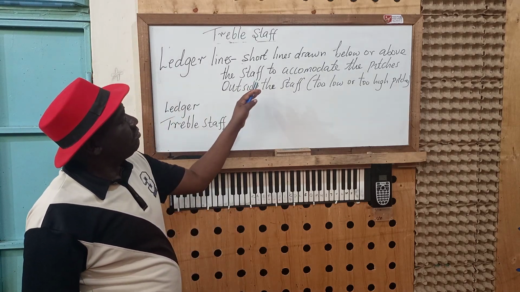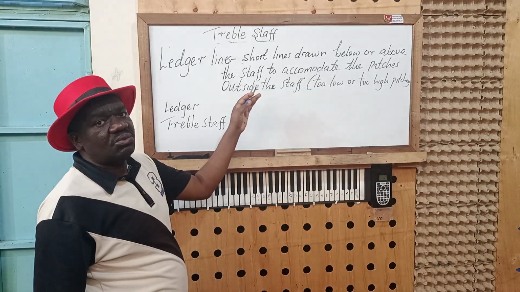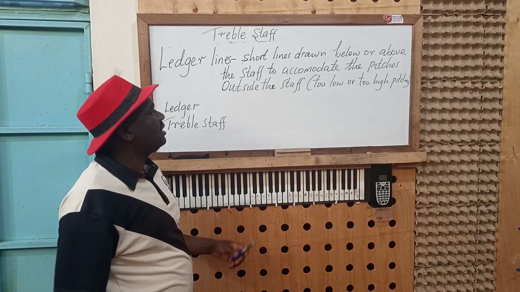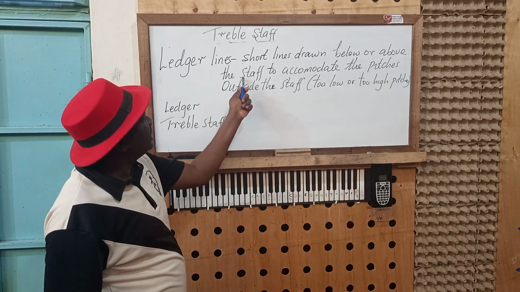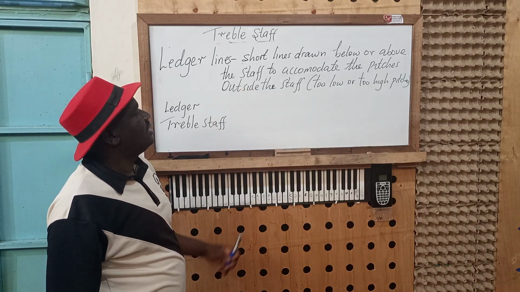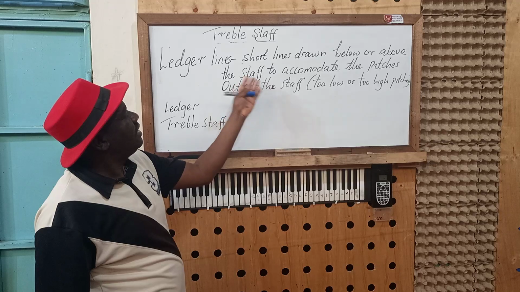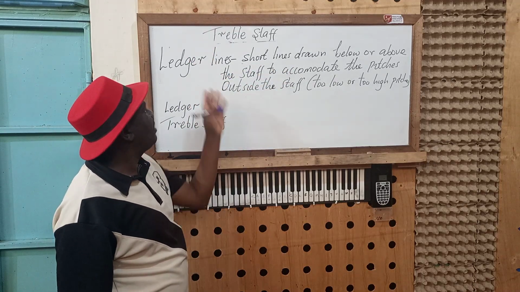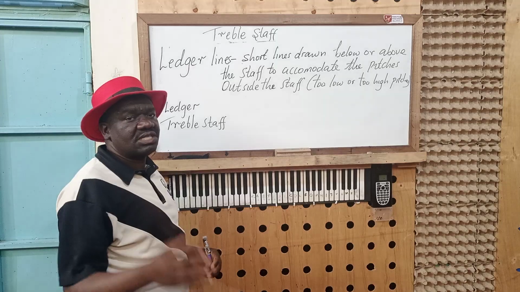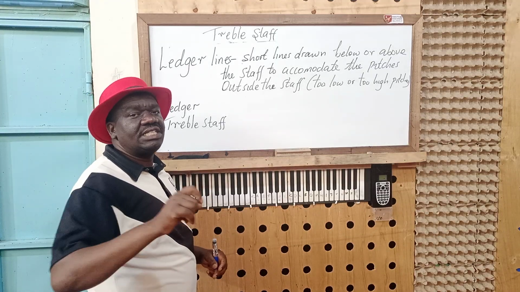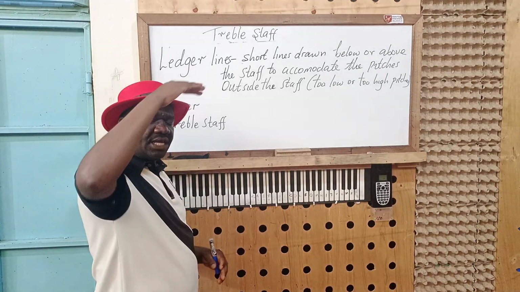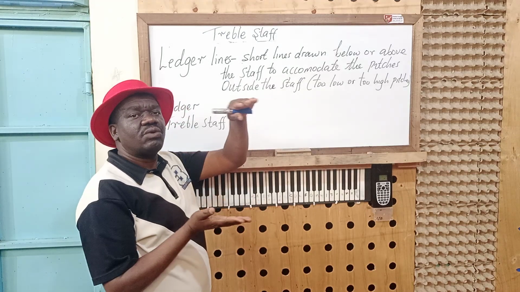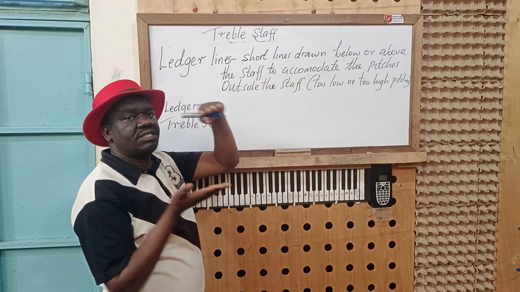I'll also demonstrate in a diagram what a ledger line is, but from this definition, you already know what a staff is, and then the ledger line is either above or below the staff. The work of a ledger line is to help us notate the pitches which are too high or too low, that are not falling within the staff.